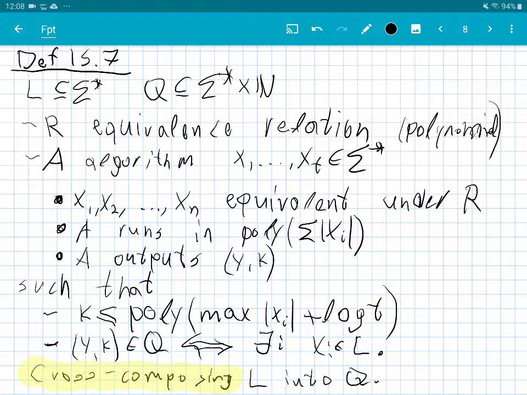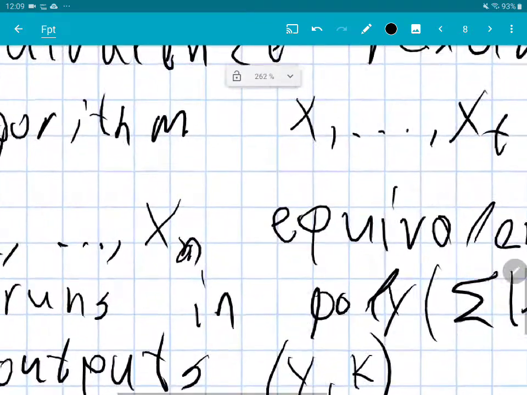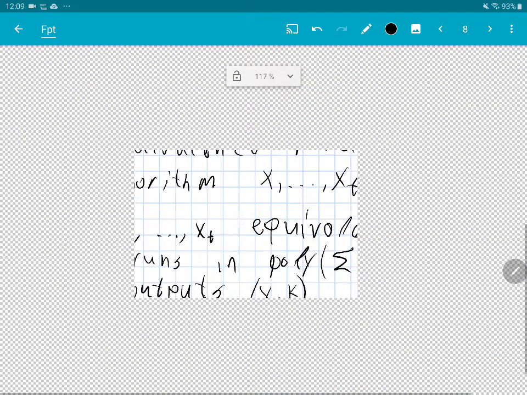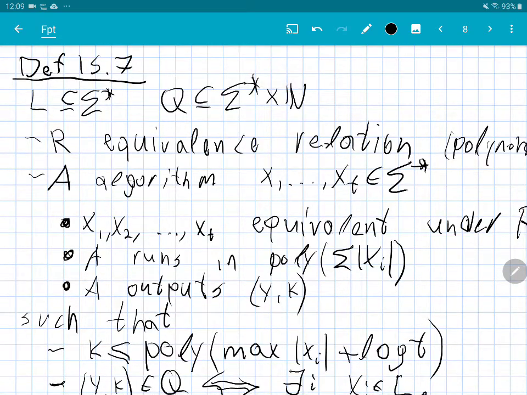Okay, so cross-composability says we can take a large number of instances, t instances. I wrote n, but this should be t in fact. x1 to xt. Think about t as being very large, relatively speaking.